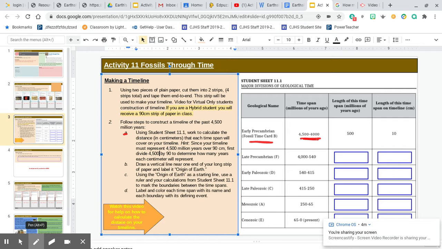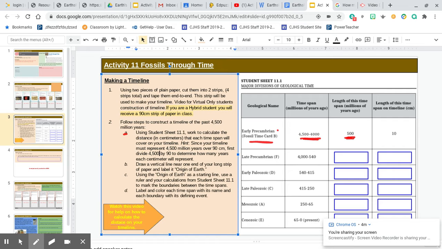We need to subtract these two numbers, 4,500 minus 4,000, which means this early Precambrian time period lasted 500 million years.